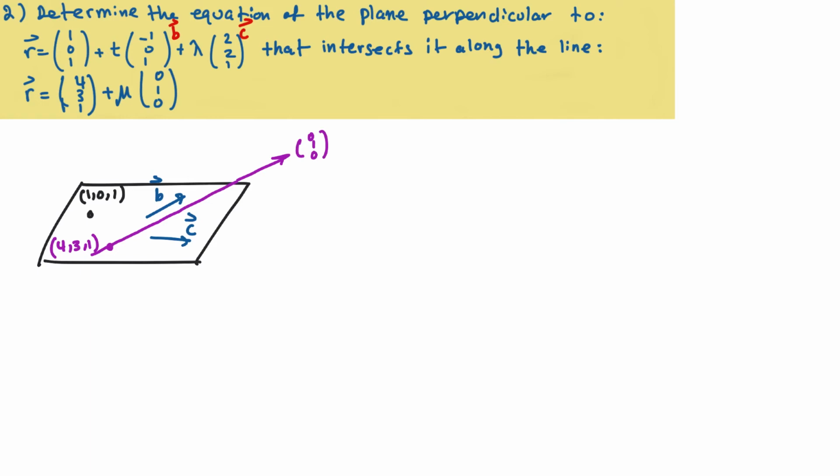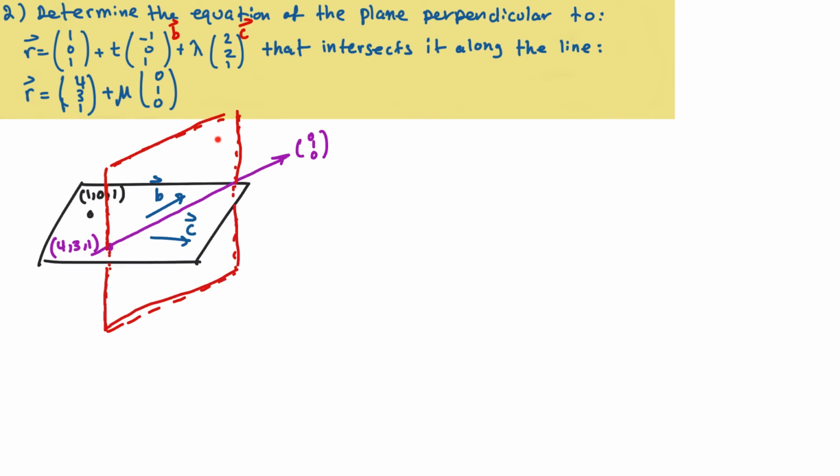Doesn't really matter, I'll just keep it at 0, 1, 0 there. And we want the equation of a plane that is perpendicular to this plane. So it's something like this, and it is intersecting it at those points. So it will be a plane like this.